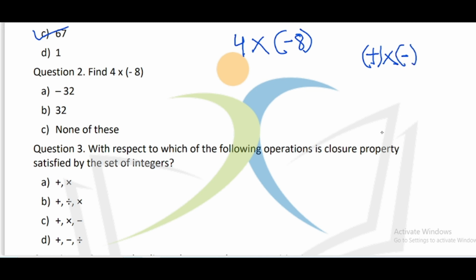When we multiply opposite signs, the sign of the result is negative. Then we multiply the numbers: 4 into 8 is 32. Then the right answer is minus 32. That is part A.